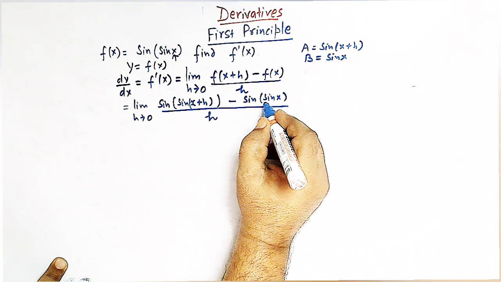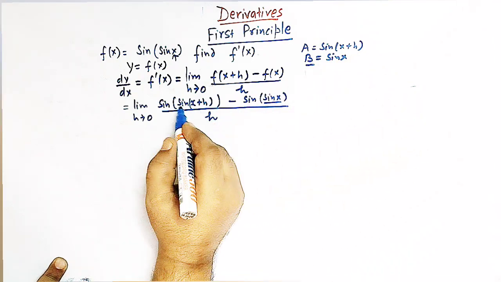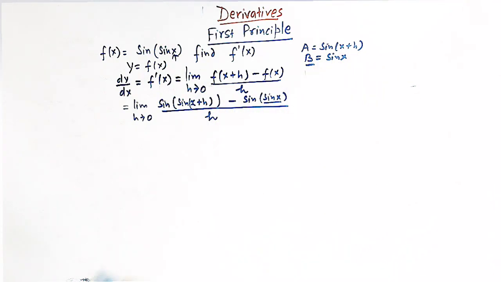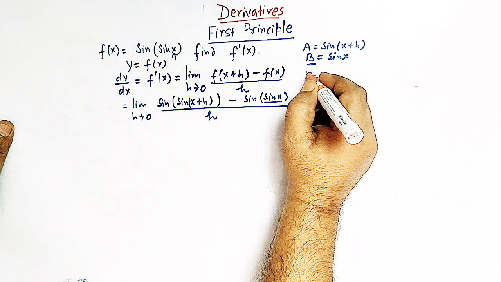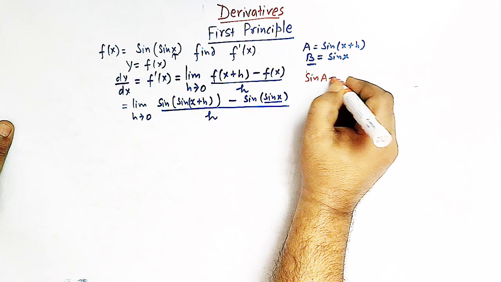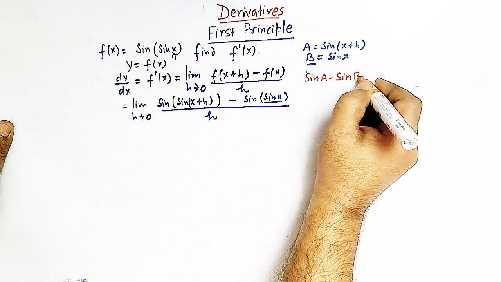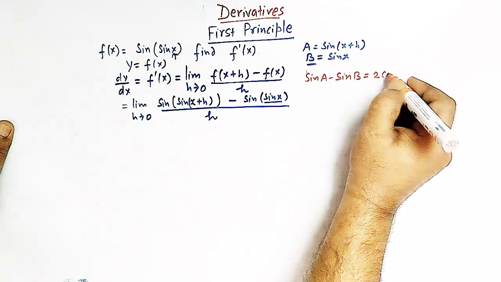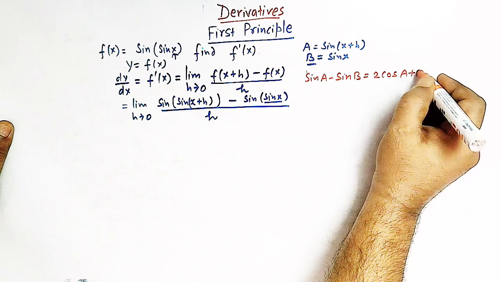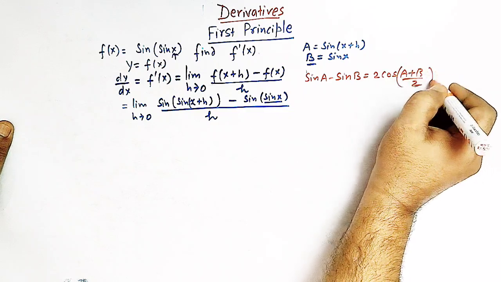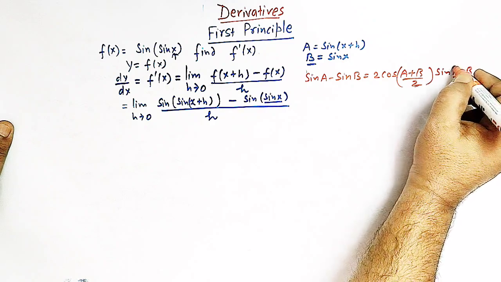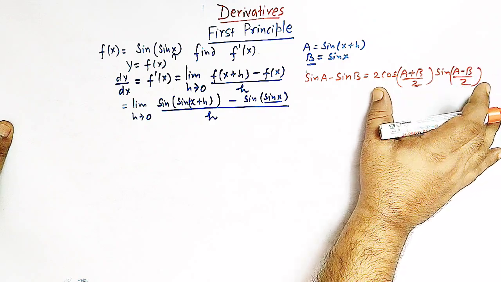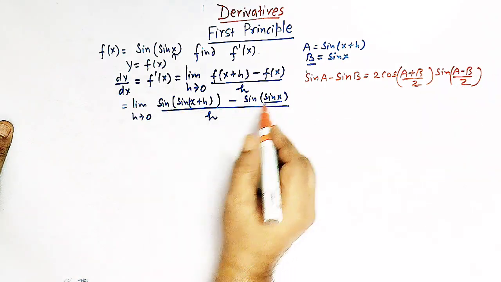So now we have this identity, that is sine A minus sine B is equal to 2 times cos of (A plus B) over 2 and sine of (A minus B) over 2. So we'll apply this identity to simplify the numerator.